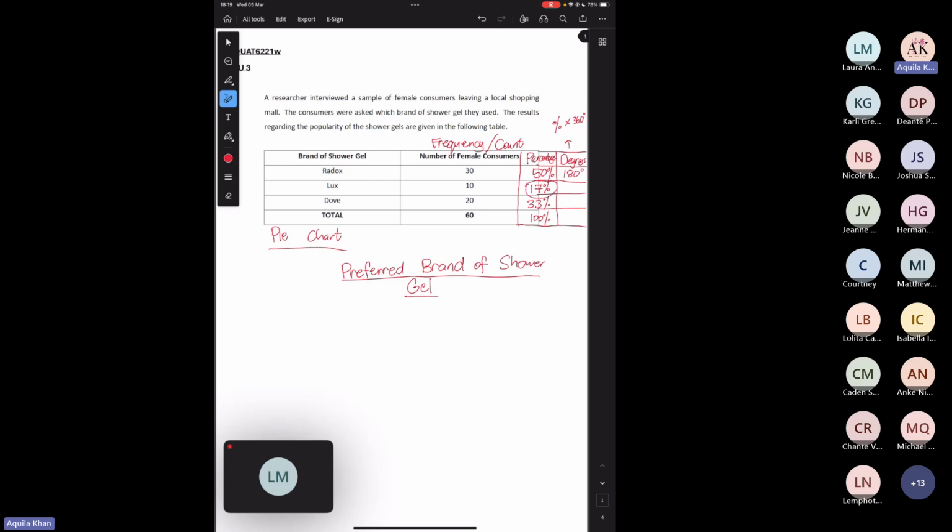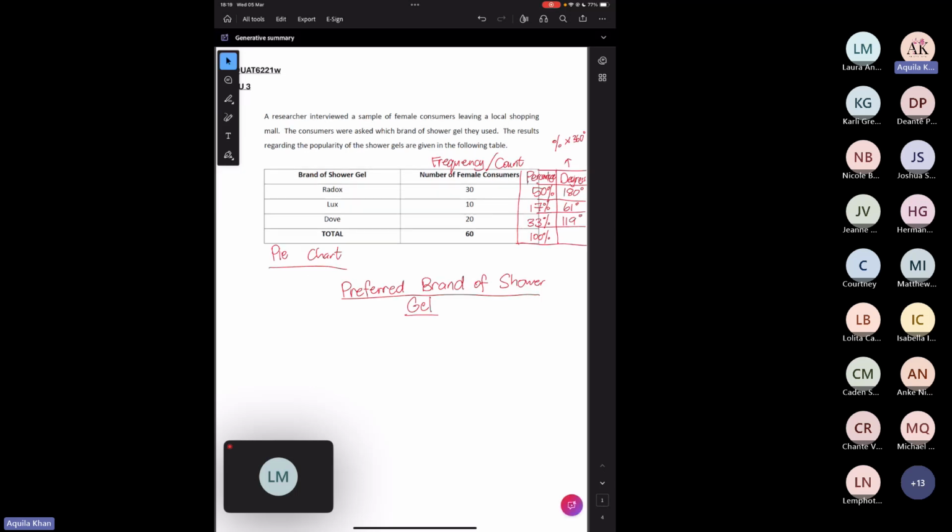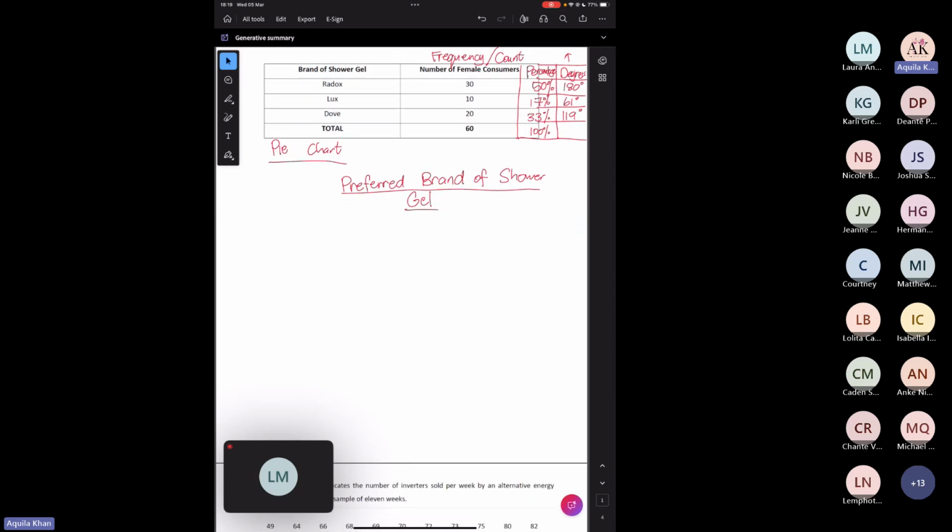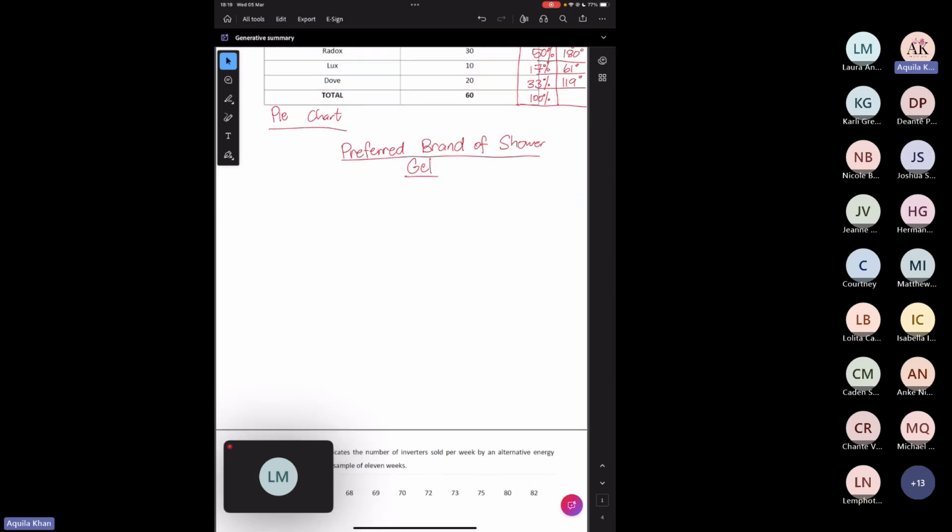Then 17% times 360 degrees is 61 degrees, and 33% times 360 degrees is 119 degrees. Now that we have the degrees, we can now draw up your pie chart.